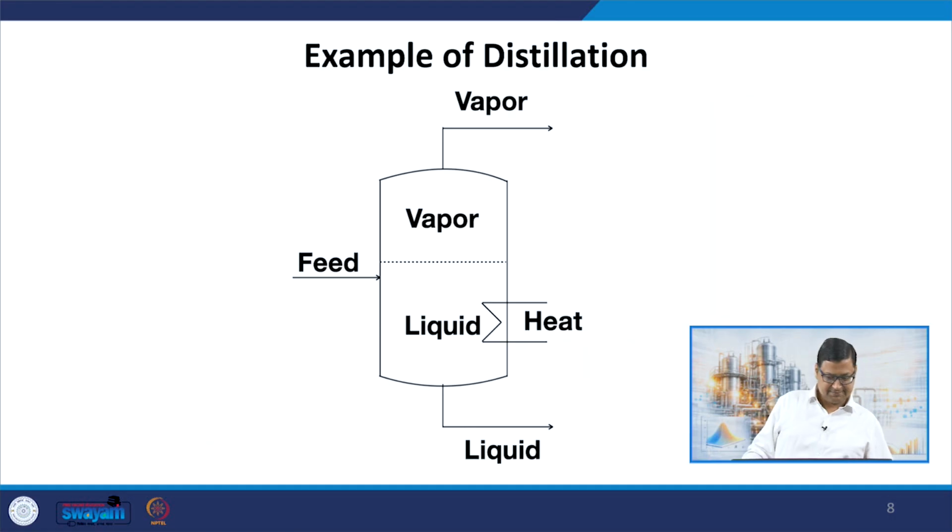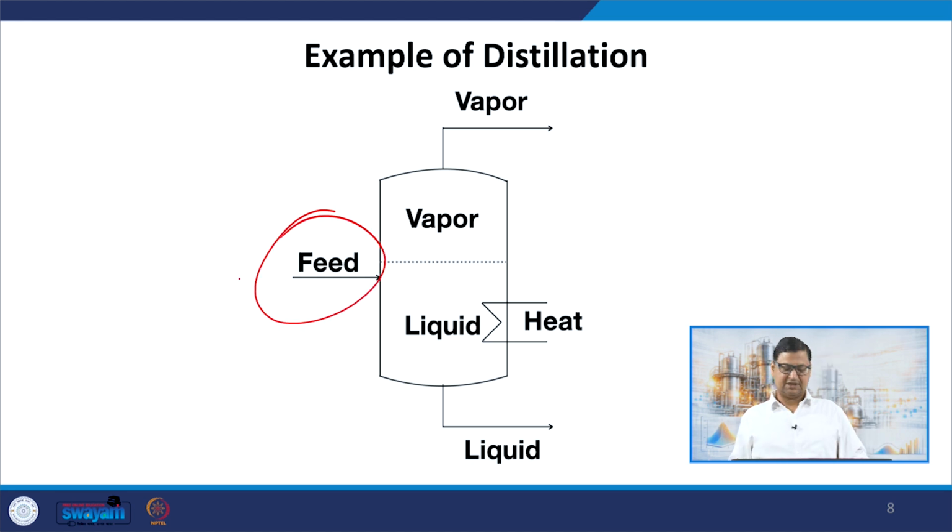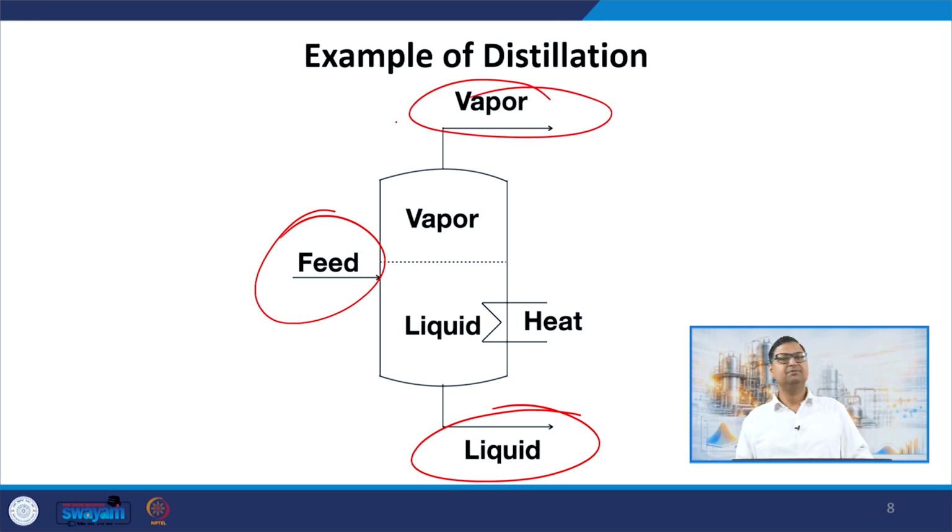I can go ahead and now take an example of a distillation process where we have a vapor and liquid in equilibrium. There are two phases in equilibrium. But what I also want to consider now is the effect of the feed that is coming in, the liquid that is going out, the vapor that is going out from the top, and some heat that is being supplied.